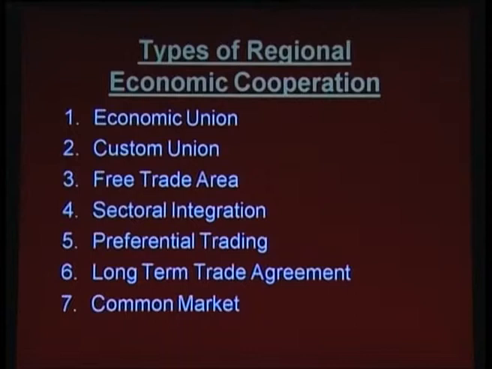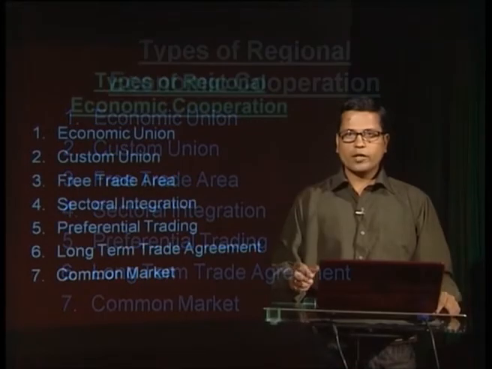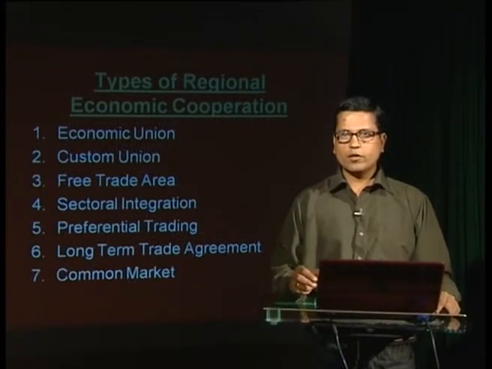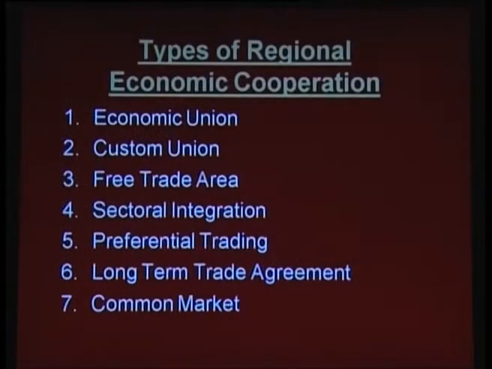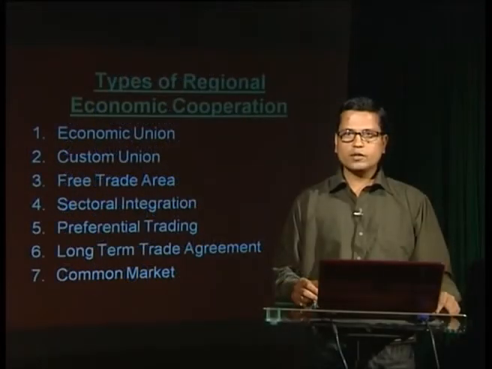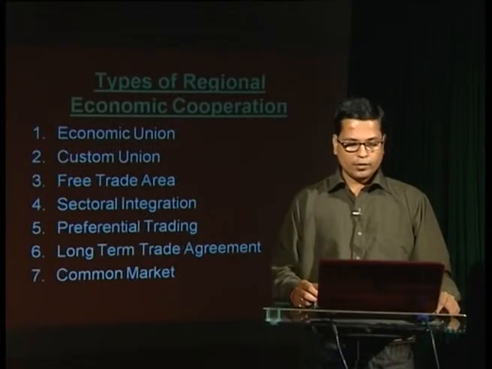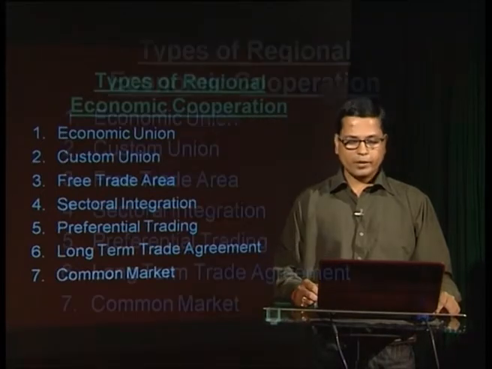Here the name itself defines the different kinds of regional economic platform, where an economic union might have a common policy platform on the economic front, which could be fiscal policy or monetary policy or export policy, where the custom union will have countries giving freedom on the import duties or on the export duties to the respective union member.